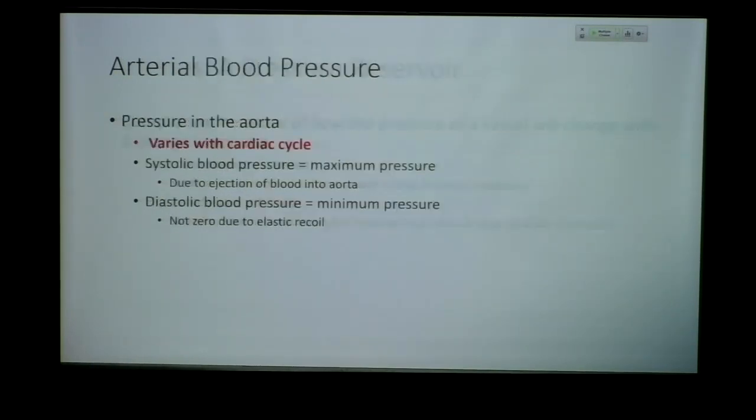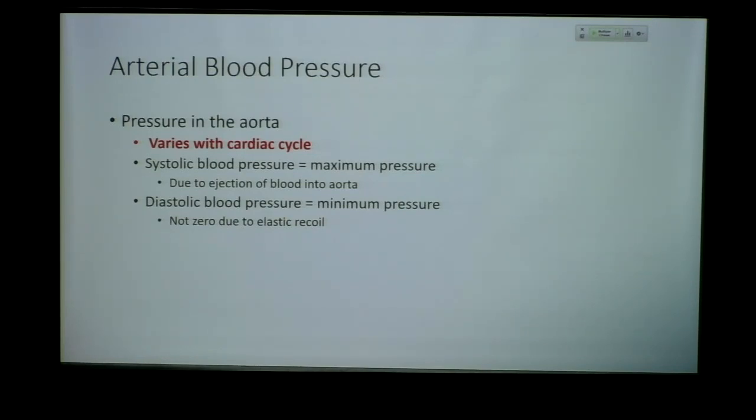Okay. Right. So continuing to look at the aorta as an example, we know that the pressure in the aorta changes throughout the cardiac cycle. Does anyone remember the two pressures that we identify in the aorta? Oh, it's on the screen. So systolic blood pressure, right?